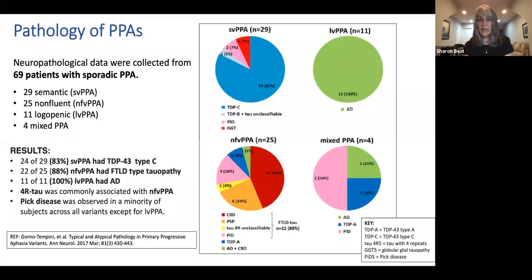So what we have in green is a little bit of AD etiology. What we have in blue is a TDP. What we have in pink is a Pick's. And what we have in yellow is another tau. So in all, we have different types of tauopathies that we find in the non-fluent PPA, with a high correlation of concomitant CBS and progressive supranuclear palsy.